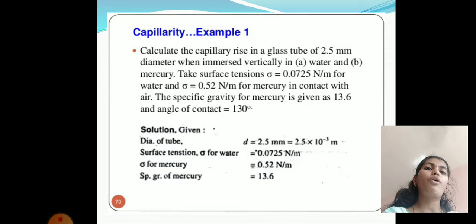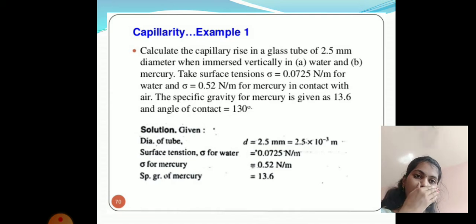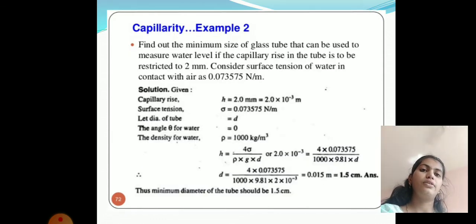The specific gravity of mercury is 13.6, and the contact angle theta is 130 degrees. Now put all these values into the equation of capillary rise or fall, then get the answers.